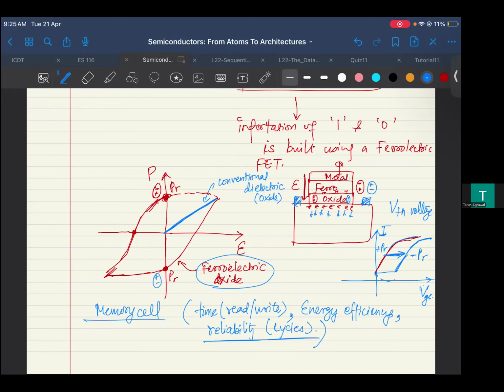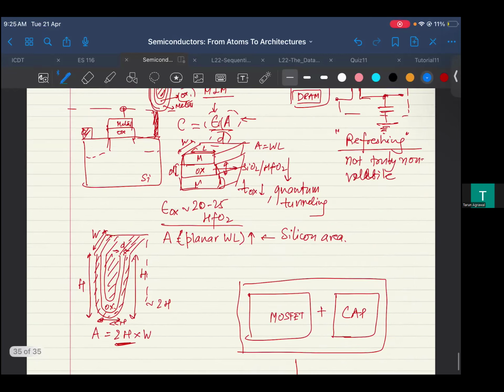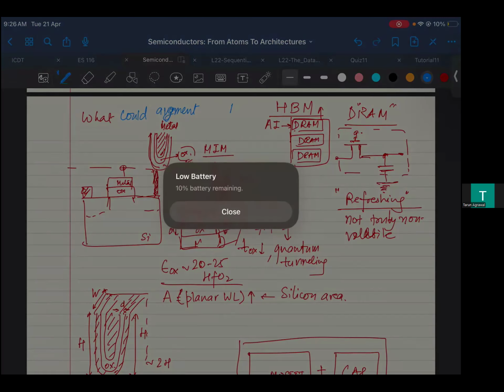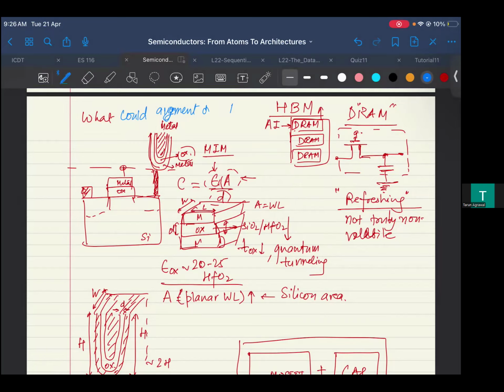That is the key figure of merit one needs to take care of when looking at what could augment RAM or DRAM. It could augment or replace, I mean, depending on which gives you better performance, or replace DRAM in AI systems, right?